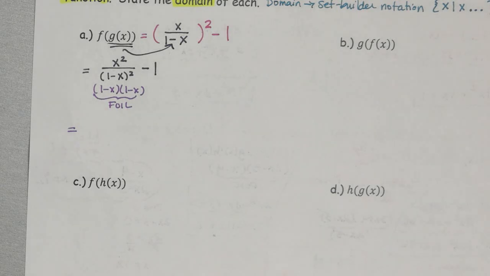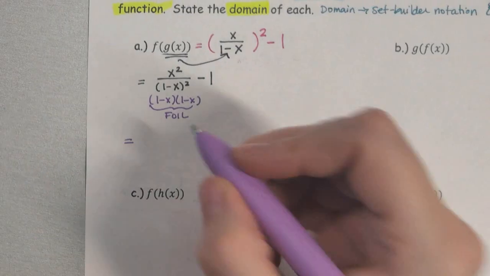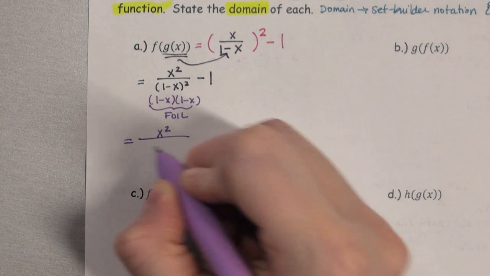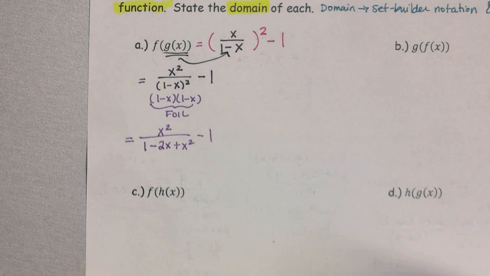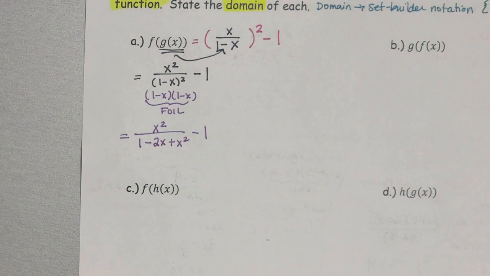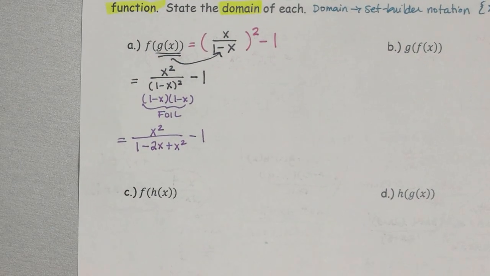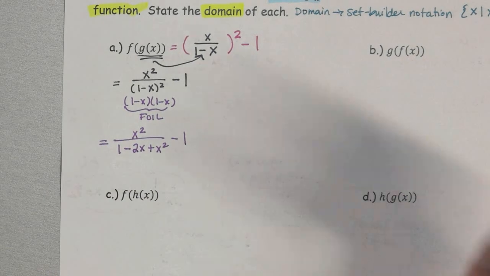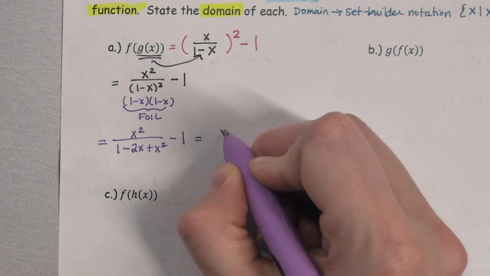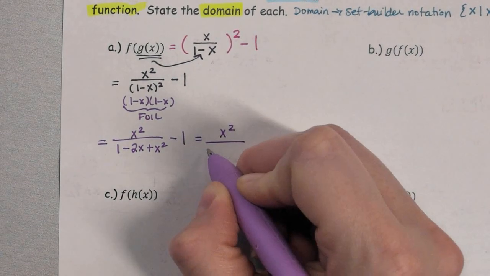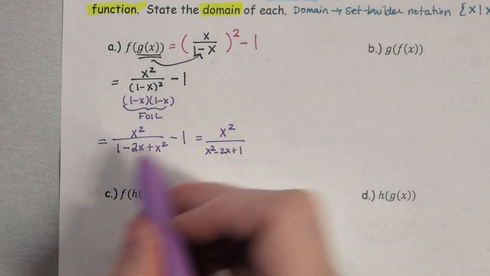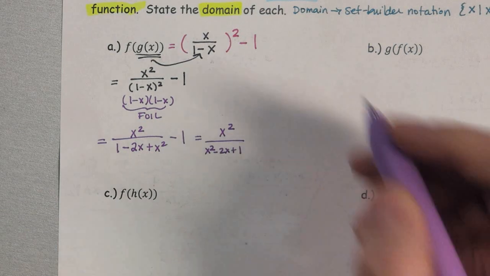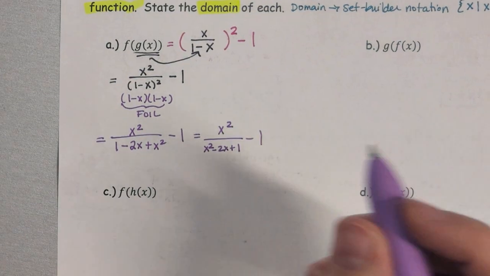So then when you FOIL, you should have got 1 minus 2x plus x squared, minus 1. And then generally when you write this out, you'll put the bottom in standard form. So your final answer will be x squared over x squared minus 2x plus 1, because the 1 is positive. This one's negative, minus 1.